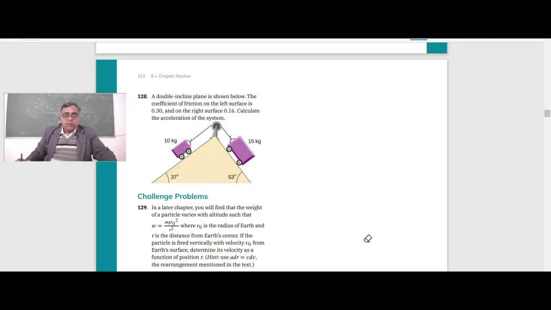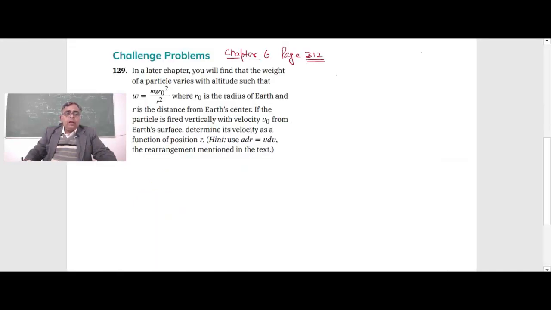So in this question, what he is trying to convey is that the weight of the particle varies with altitude. I have pasted this question here. Say this is the earth, this is the center of the earth, and this is the radius of the earth, which is given here as r naught.